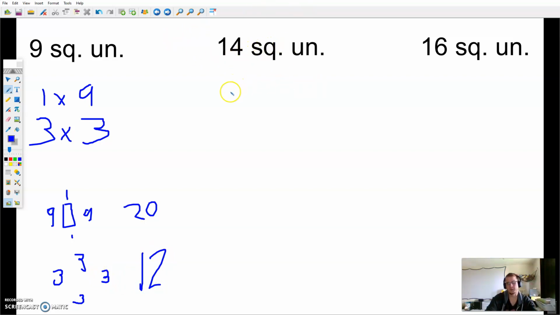Okay, same thing here, 14. What numbers can I multiply together to make 14? Or what numbers evenly divide into 14? Well, its dimensions could be 1 by 14, or it could be 2 by 7. So if we had 14 by 1 and 14 by 1, suddenly we have 15, 15.